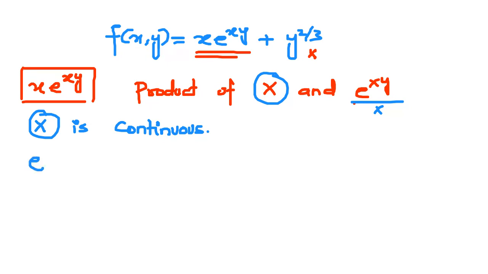Now talk about e power xy. E power xy is continuous because at any point of x and y, this is not infinite. Okay, any point you choose, that will give you some value of the number, right?